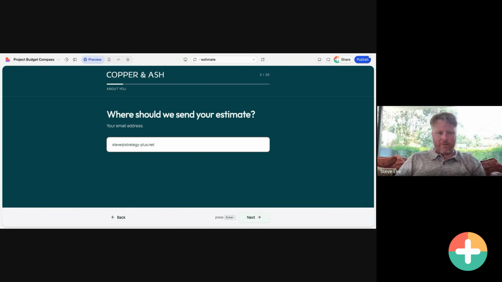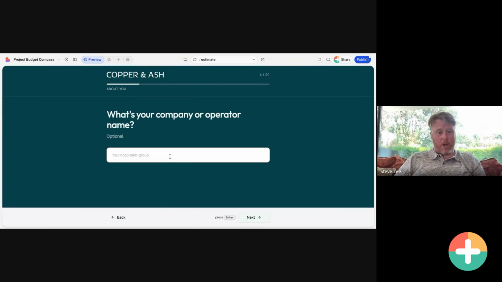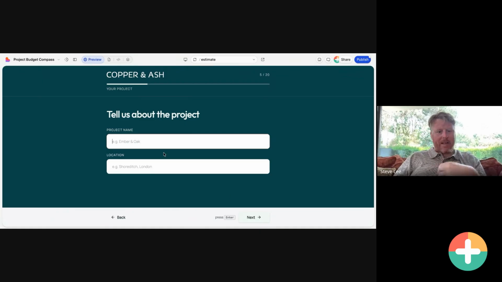So we start by asking for a name, an email address and a phone number, which is quite a lot. Then a company or operator name, so I'm going to put in Acme, and then a project name. I think this is probably a bit too much at this stage, but it's really just a prototyping phase. So I've asked Hayley to define which of these fields are the most important. We're probably going to take two of these screens out.